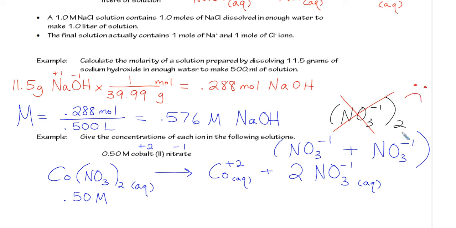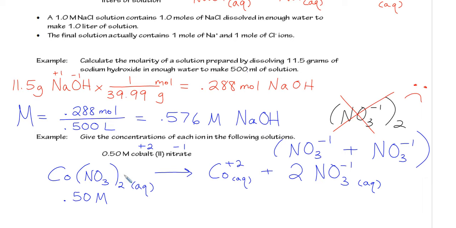By putting this 2 at the bottom, like outside the parentheses, that makes it seem as if those 2 nitrates are somehow bonded together. And that's not what happens in solution. In the original molecule, yes, there's a cobalt and 2 nitrate ions all bonded together, but not in solution.